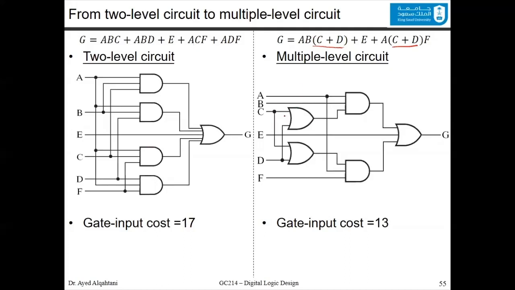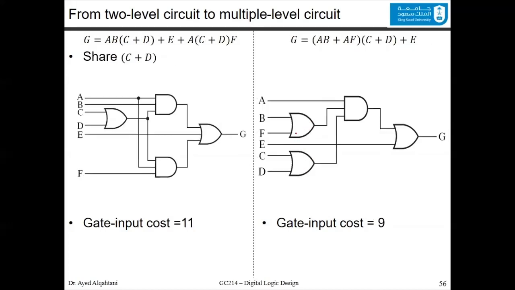Previously, it wasn't shared. You have a C or D here, and you have another one in here. You can share this one, and by doing this, you will reduce the cost from 13 to 11. Or you could take C or D as a common factor, and you will end up with AB or AF, and this will even reduce the cost further to only 9.